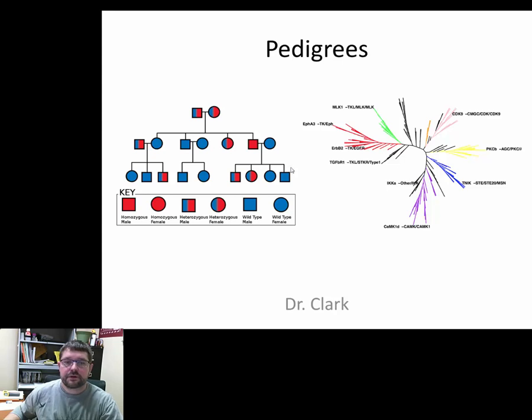Simple pedigrees like this have given us lots of information in the past, from human standpoints, like color blindness, or even cystic fibrosis, or other genetic disorders or diseases like sickle-cell anemia.